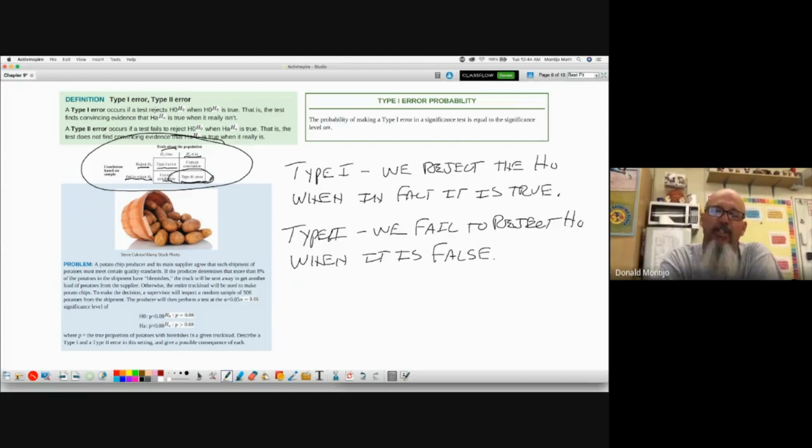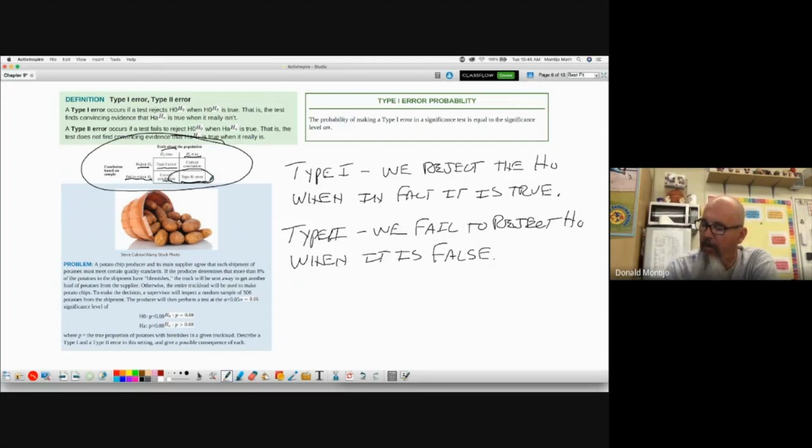We're going to be asked to identify a type 1 and type 2 error in context of the problem. And then we're going to probably be asked to talk about which error would be more important, which error would be more detrimental, what would the consequences of committing these errors be. Whichever one has a more extreme consequence, we want to try to avoid making that error to the best of our ability.